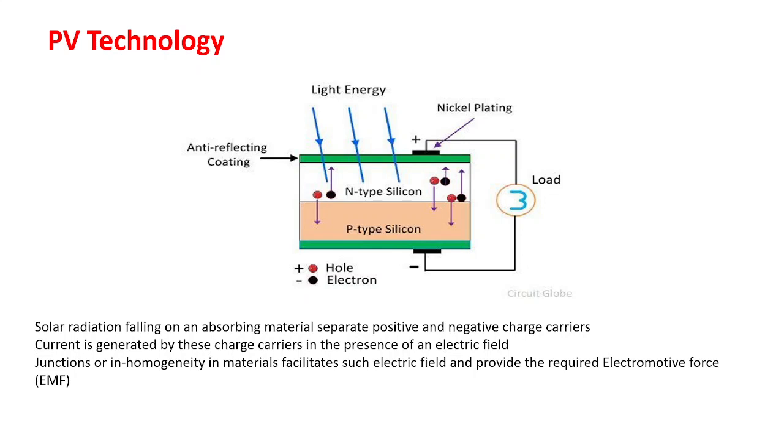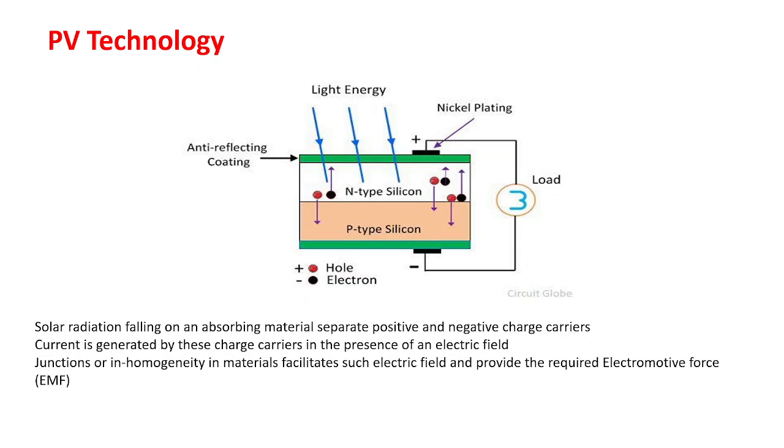Then there is an electric field. We can provide the electric field externally, or it may be inbuilt within the material. If we provide an electric field externally, we need some external energy input for that.